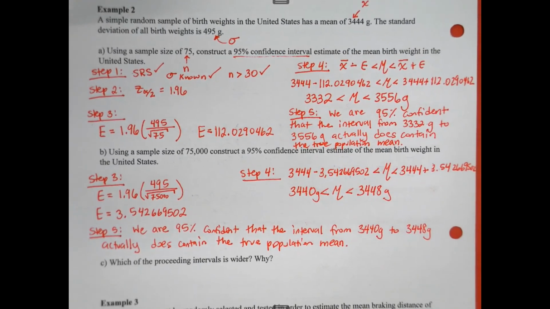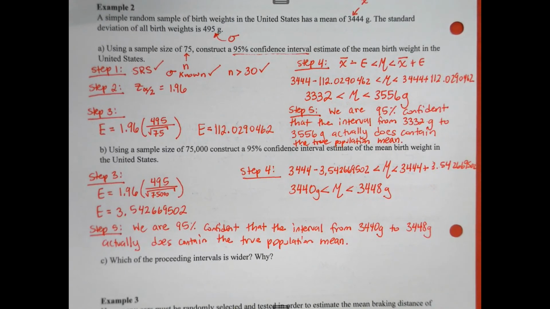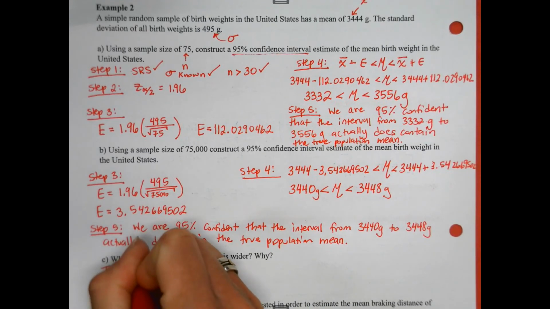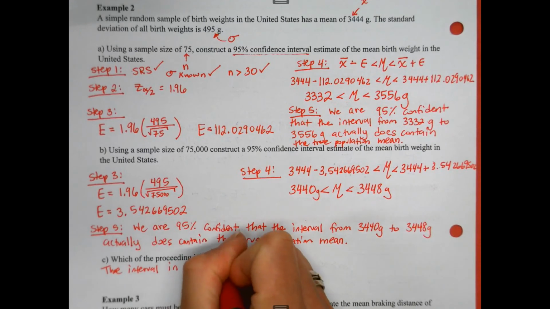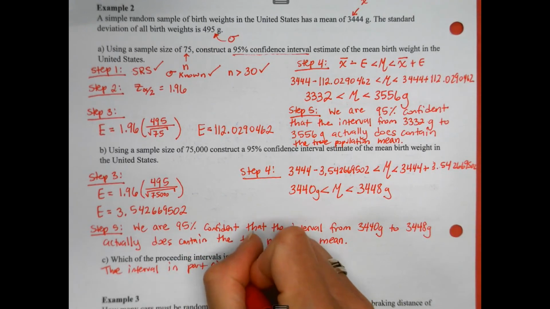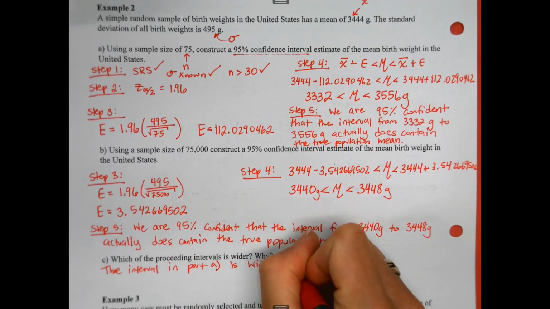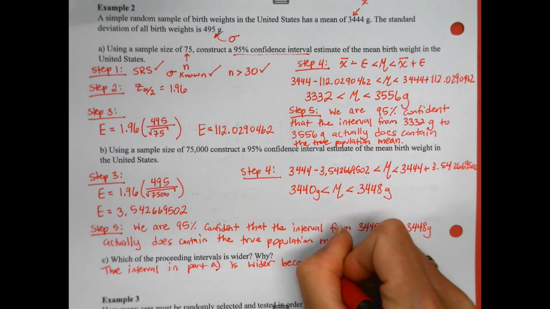And part C says which of the preceding intervals is wider and why. We already talked a little bit about this in part B, but the interval in part A is wider because the sample size is smaller.